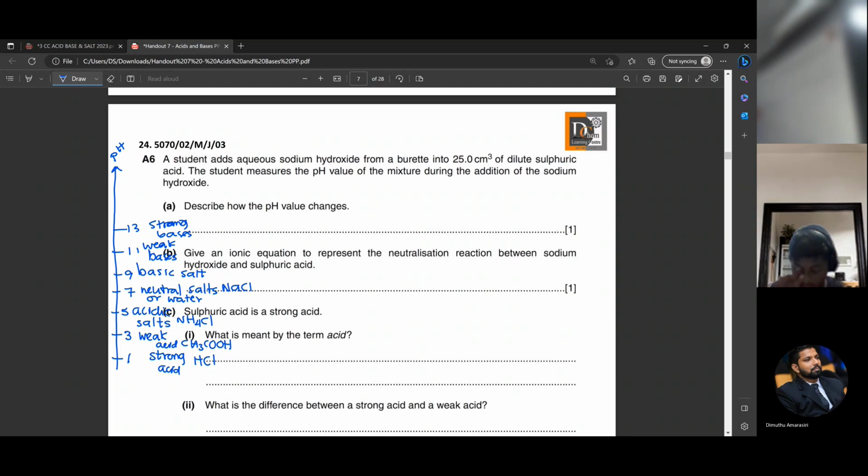Basic salts: salts of strong base and weak acids like sodium carbonate. That's why we say carbonates are weak basic compounds. Weak bases: ammonia or ammonium hydroxide, not salts of ammonium. Strong bases: group 1 bases or group 2 barium hydroxide. Add this into your knowledge bank nicely.